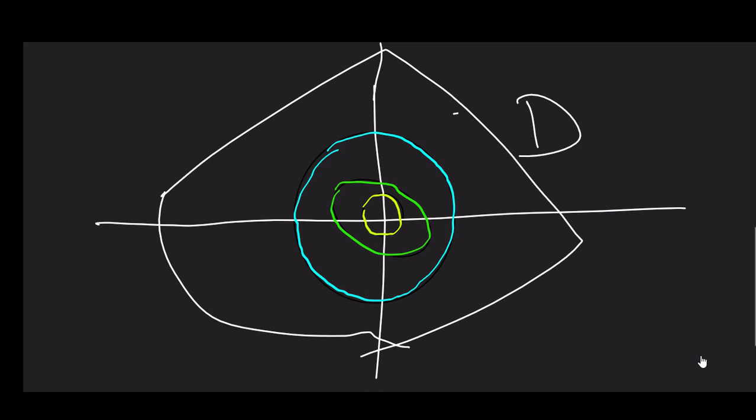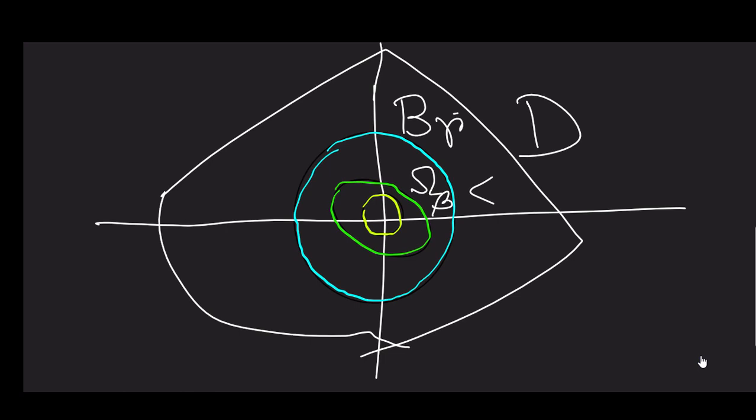This outer ball is Br, and this one is what we defined here as omega beta. Now what we can have is that this omega beta is in the interior of this Br.